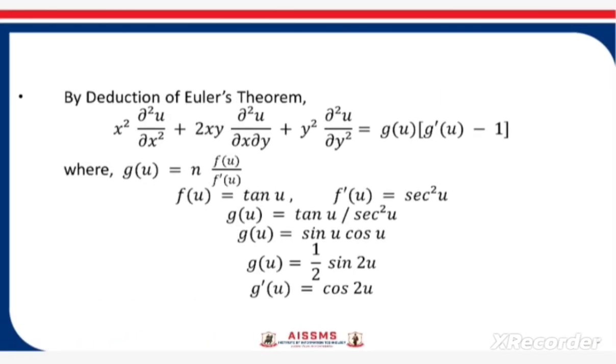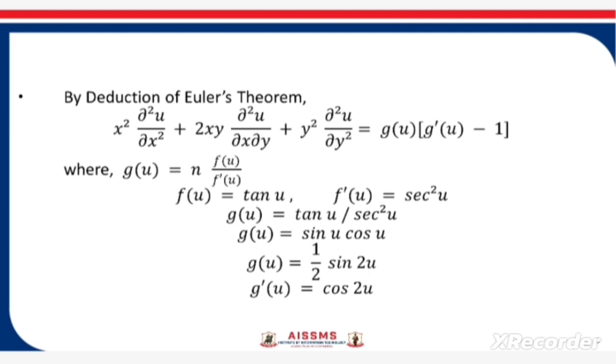By the deduction of Euler's theorem, x square del 2u by del x square plus 2xy del 2u by del x del y plus y square del 2u by del y square equals g of u into g dash of u minus 1, where g of u equals n into f of u divided by f dash of u.